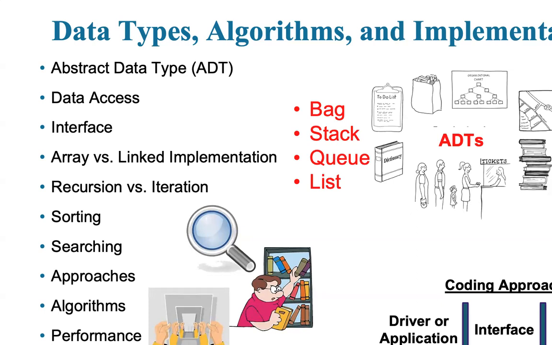Those are the types of things that are exposed. You now are aware of 2 implementations for a bag, but there are some other things we haven't gone into yet. We can be thinking about recursion or iteration. Those are 2 ways of doing searching, and they can also come up in sorting. Those are some of the things we're going to talk about.